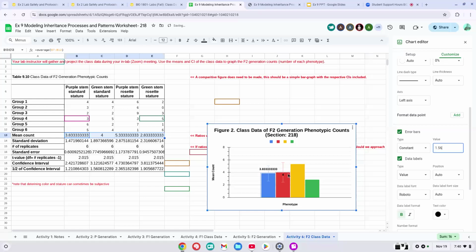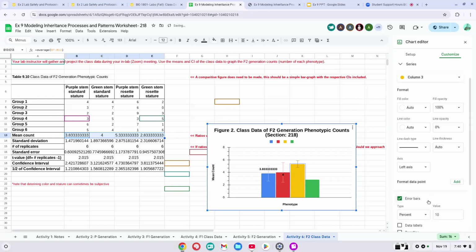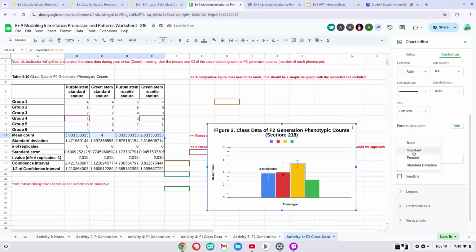There we go. Now let's add in those error bars. Okay, we'd want this as constant. All right, and then we get 2.37.